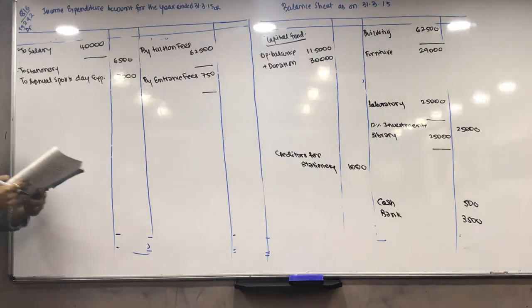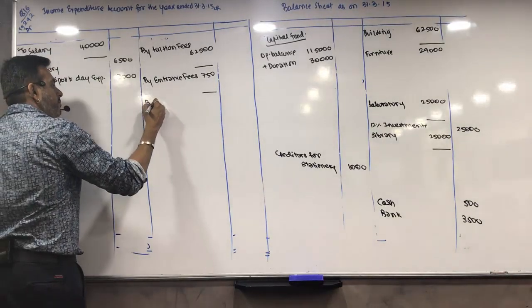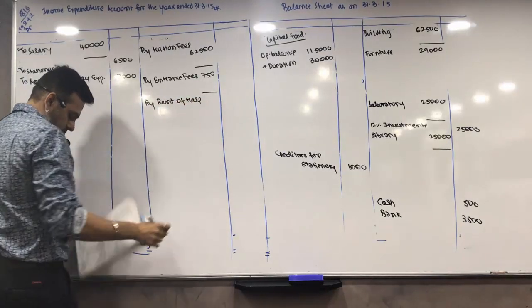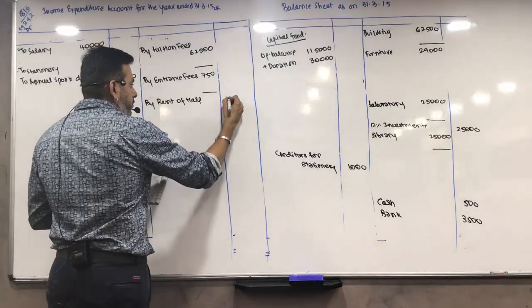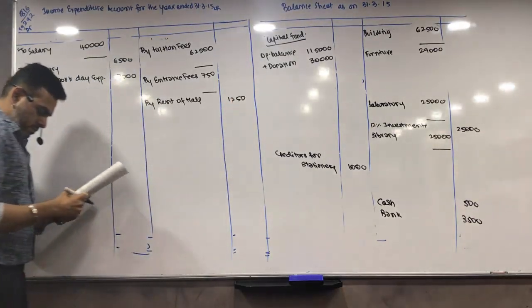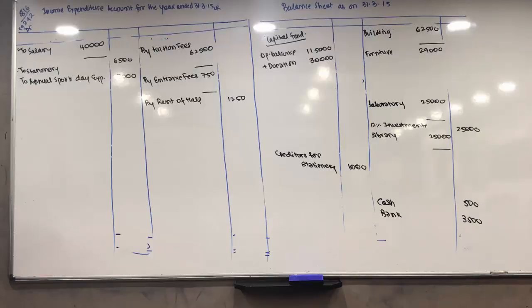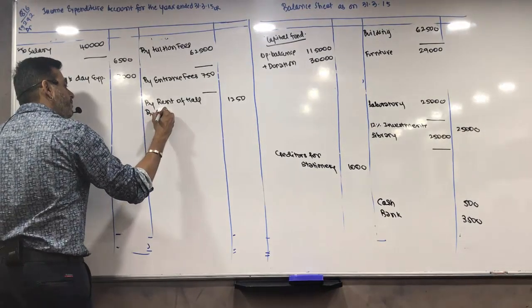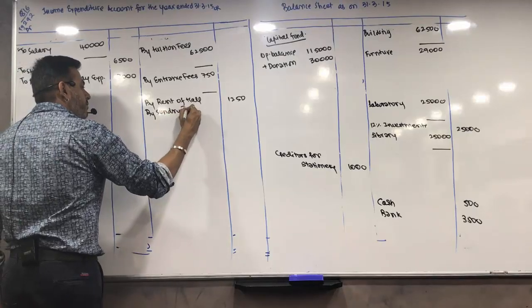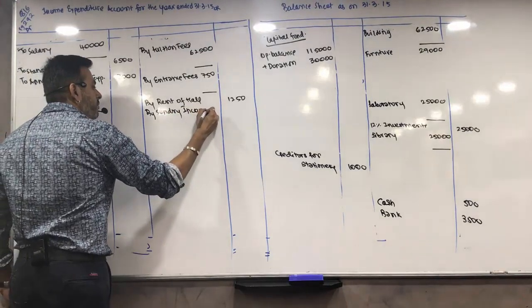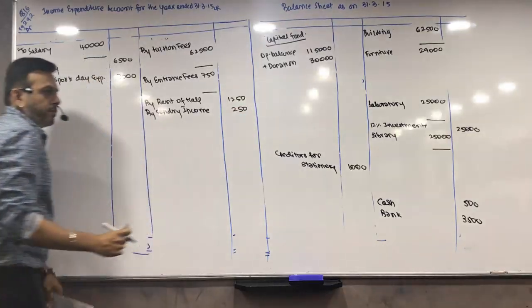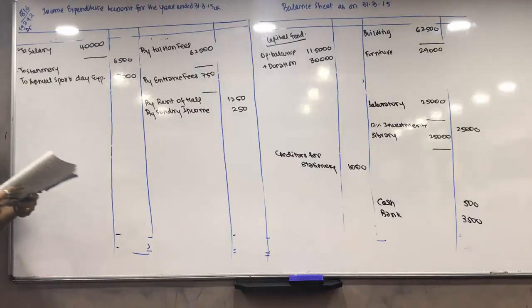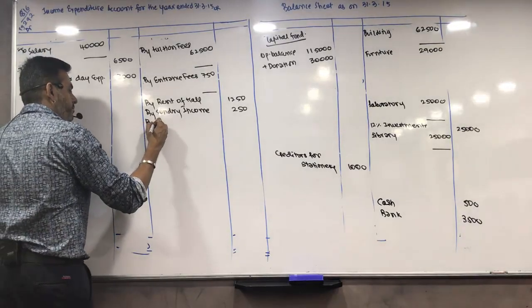Rent of hall 1250. Sundry income 250. Government grant 7500.